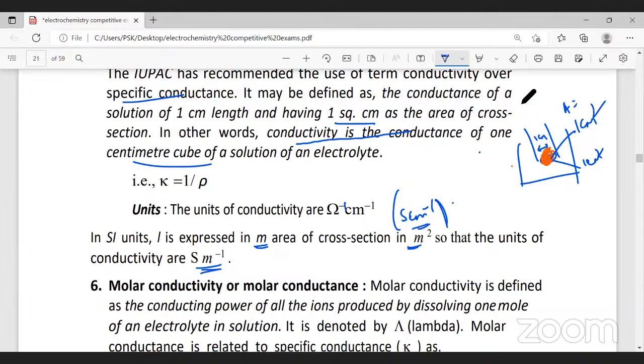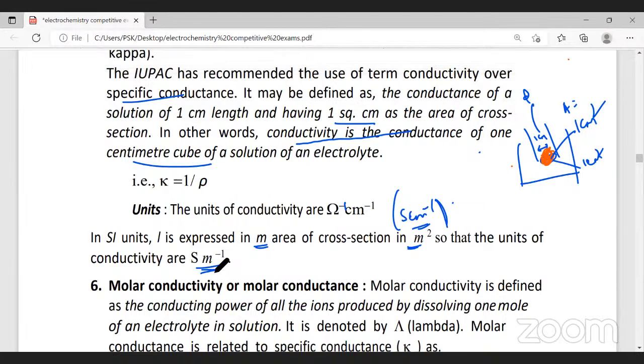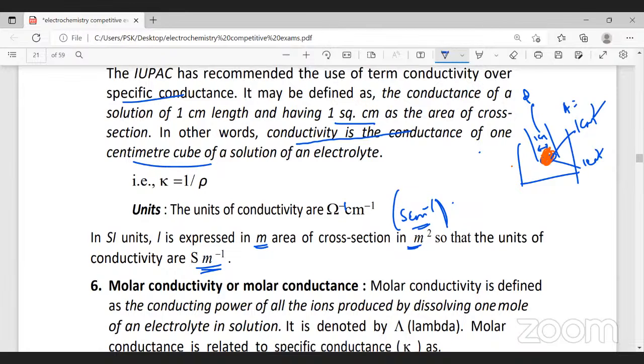So it is the conductivity of all the ions. Kappa is 1 by rho. Therefore, the unit for specific conductance is ohm inverse meter inverse, or we can write it as Siemens per meter in SI units.